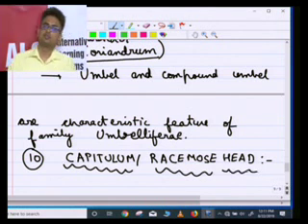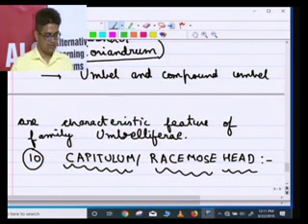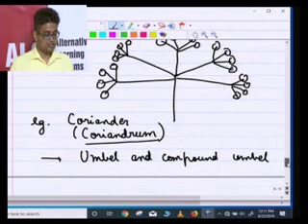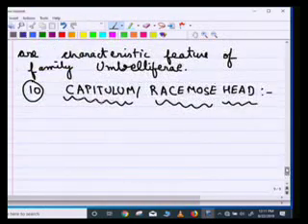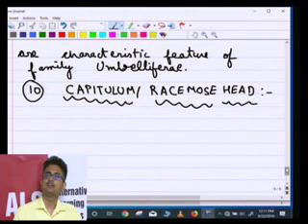How many people know which family this inflorescence belongs to? It is a characteristic feature of a particular family. Anybody remembers? Capitulum or head? It's considered the most advanced kind of inflorescence. Nobody?